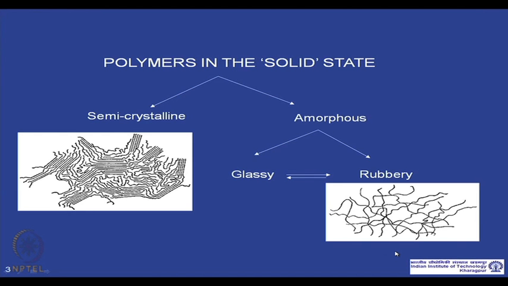Okay, now let us come back to today's topic of lecture, the amorphous and crystalline states. Till now, we have already made the polymer. We know how to make polymer from our understanding of polymer synthesis, and we know how it behaves in solution.